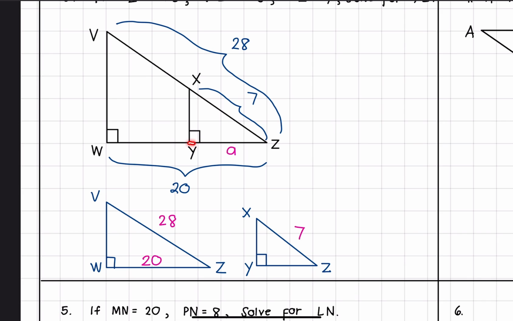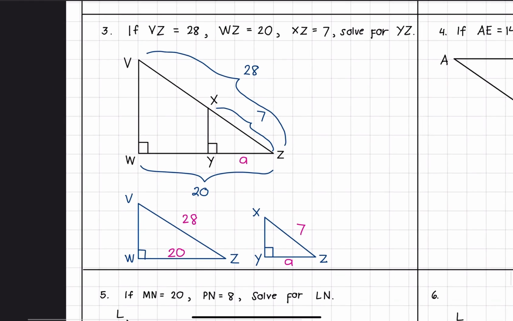And YZ, the side that we're looking for, I'm going to write as A. Now that you can see the bigger triangle and the smaller triangle, we can now create a proportion.